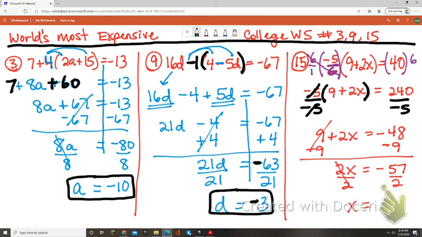And we're not using calculators here, so we're just going to reduce, and 2 goes into 57 not evenly, right? So we are just going to leave our answer as negative 57 halves. We're going to leave it as an improper fraction. We could write it as negative 28.5, but I don't need you to do that right now. I'm okay with you just leaving the answer as is.